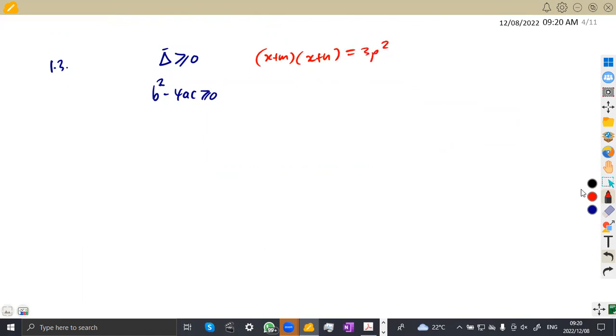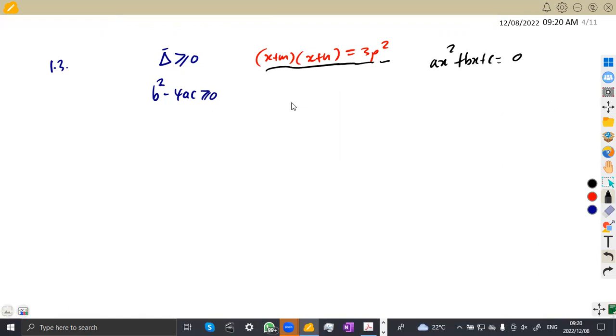This is the expression that we are given. For you to have b squared minus 4ac, you must have a quadratic equation written in this format: ax squared plus bx plus c is equal to 0. But look at the expression, how it is presented. We do not have such a format.